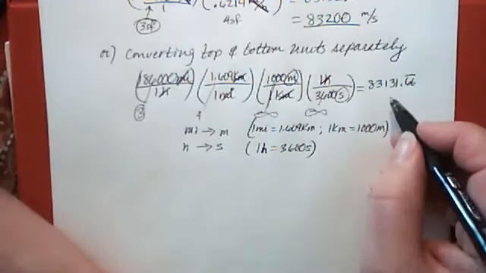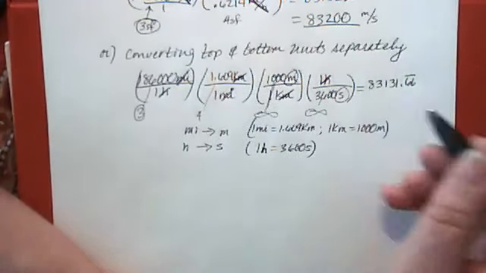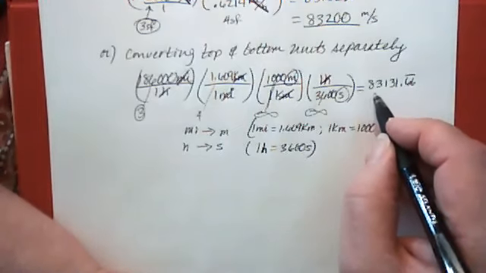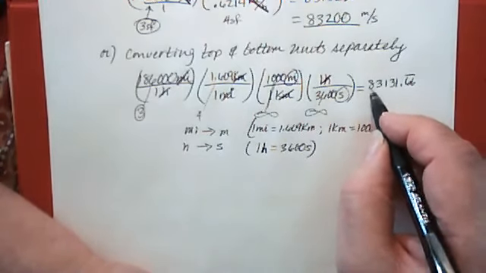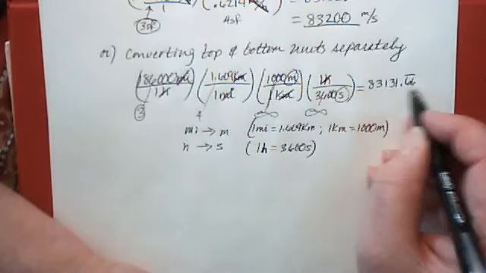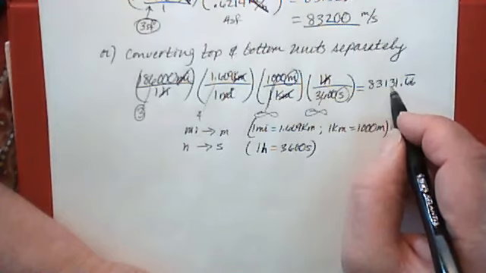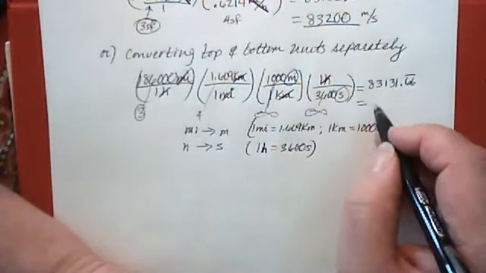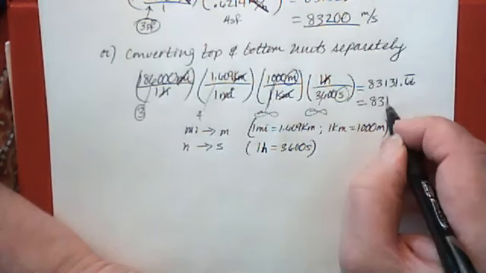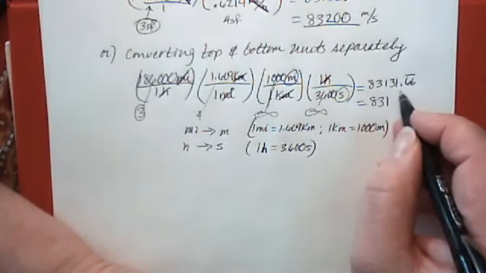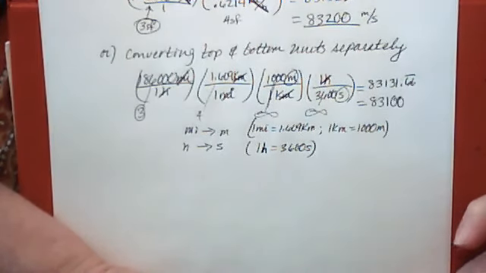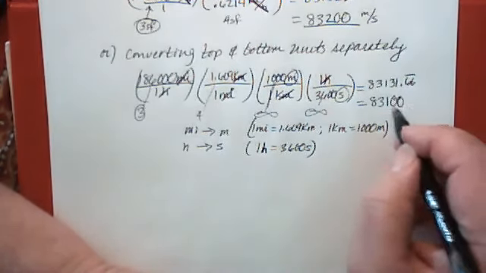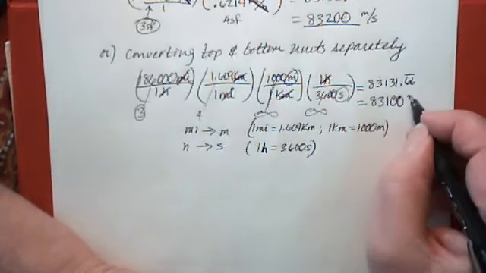So 3 is the limit on significant figures, just like it was up above. We have 831, and everything else has to go. The first number we're dropping is a 3, so it has no effect on the numbers before it. And you're dropping 2 numbers before the decimal point, so they become zeros to maintain the magnitude.